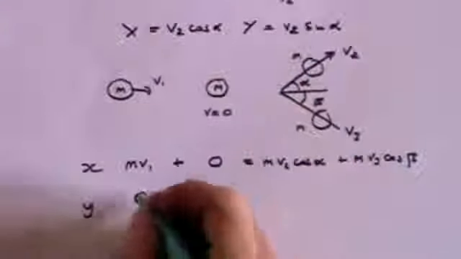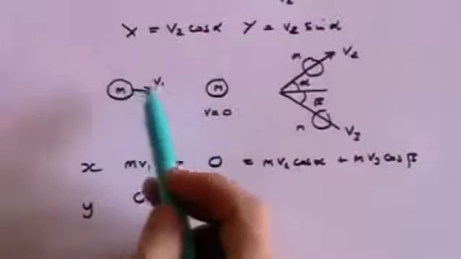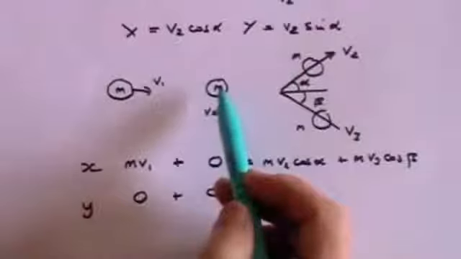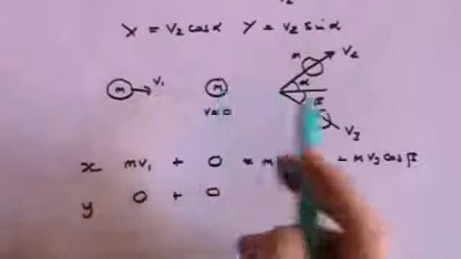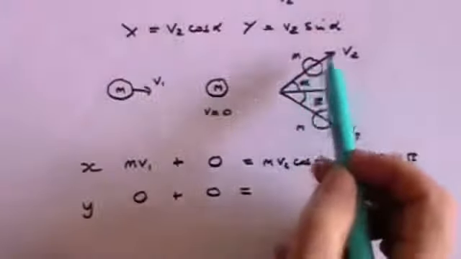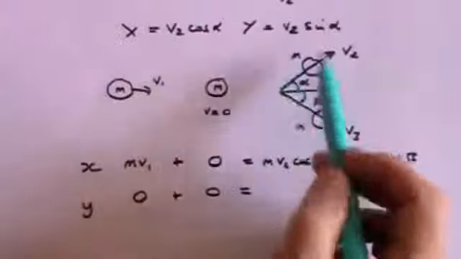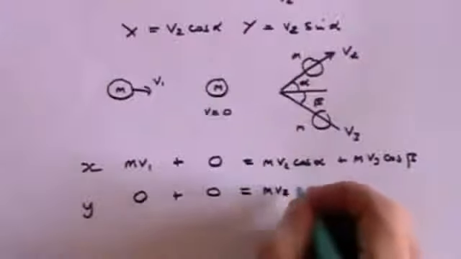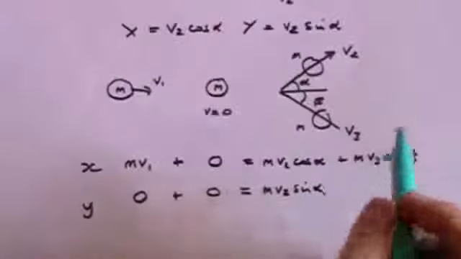So there's no momentum in the y direction as a result of this ball. Similarly, there's no momentum in the y direction as a result of this ball because it's stationary, v is 0. And that's going to equal, well, let's think of the component in the y direction of this one. That's going to be mv2 times the sine of alpha.